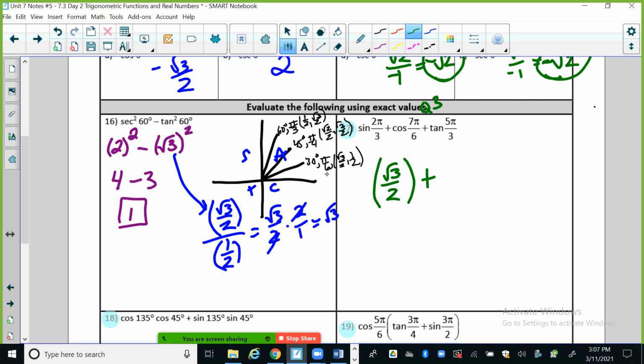So looking at pi over 6, the reference angle, cosine is square root 3 over 2, but since we're actually in quadrant 3, that will be negative square root 3 over 2.